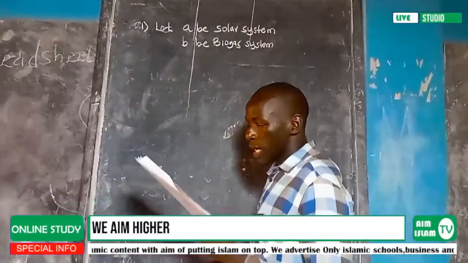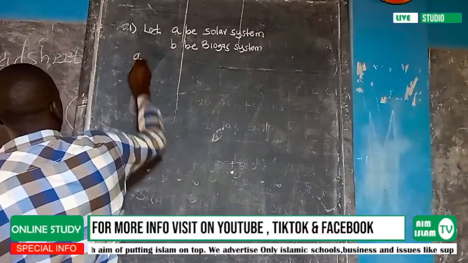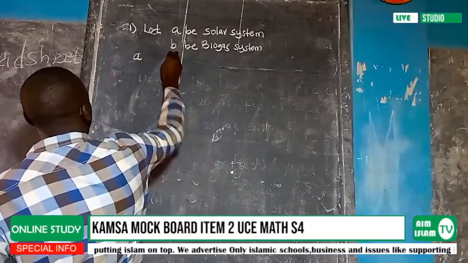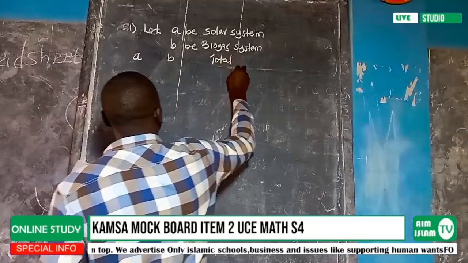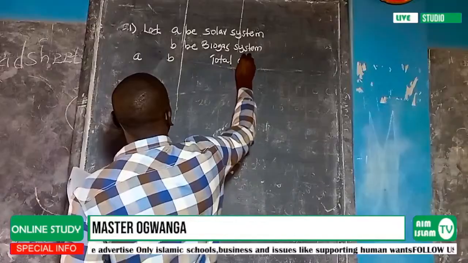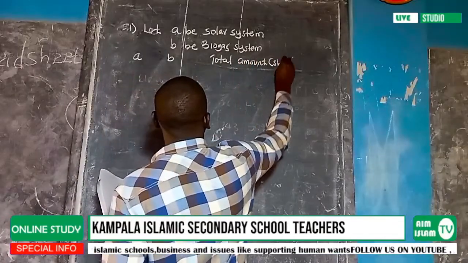So I am going to look at the two. If A is the solar system and B is the biogas, I am going to look at the total amount that can be given from that.